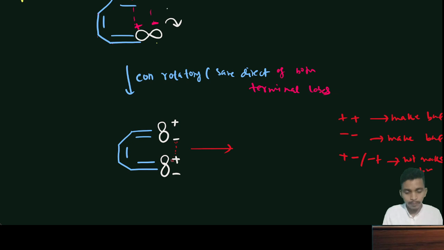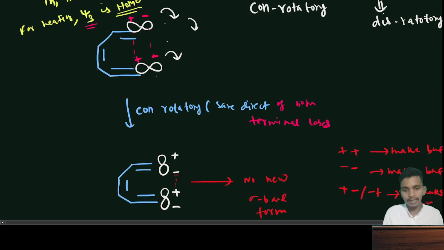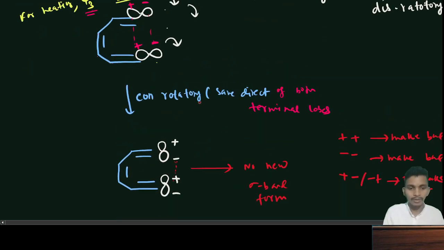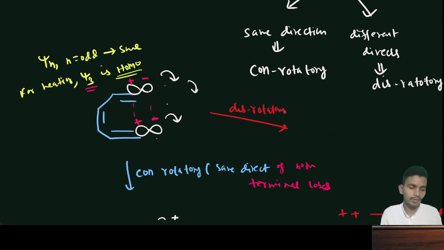So this is negative and positive, so no bond formation occurs, and no new sigma bond is formed. If we do conrotatory, we get no sigma bond. So the other choice is that we have to do the disrotatory rotation. For this case, let us see how they make the bonds now.